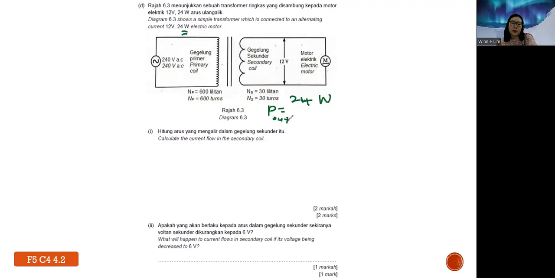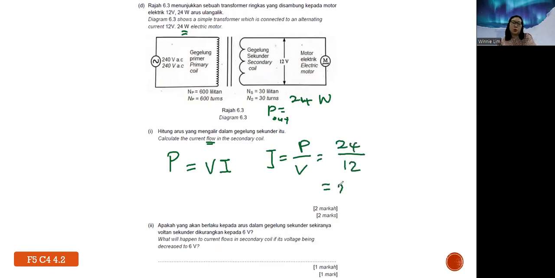This is output. So if you want to get the current in the secondary, they give you power and voltage, you can use this formula, P equals VI. So you rearrange, I equals P over V. So it will be 24 divided by 12. You get 2 ampere.